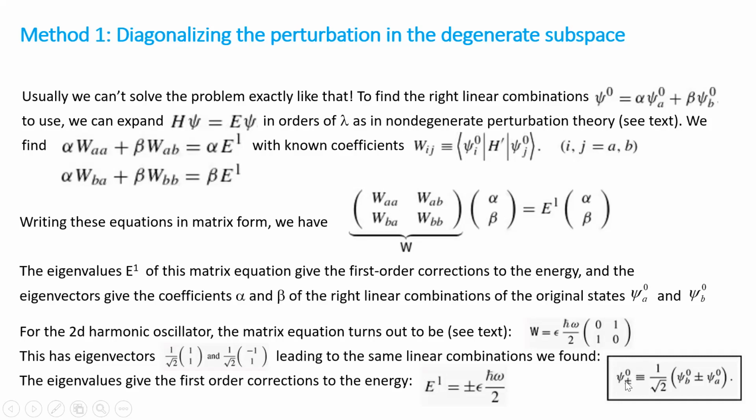Namely, psi plus or minus 0 is 1 over the square root of 2 times psi B0, because each of the lower entries in these eigenvectors is 1, plus or minus psi A0, because the first one is 1 and the second one is minus 1. So when we express this in the basis of psi A0 and psi B0, we get these two states, psi plus and minus. And that's exactly the same two states that we saw before.